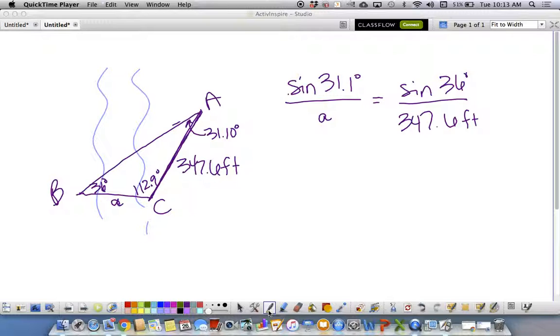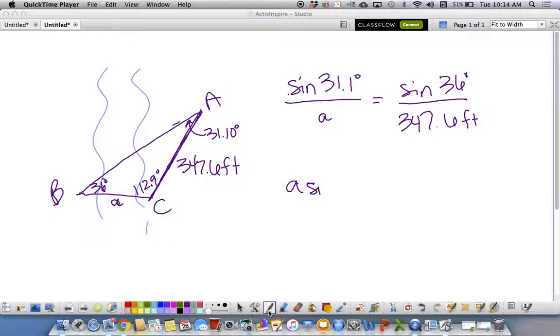And how do you know? Small. How do you know? Because angle B is bigger, so it must be opposite a bigger side, a longer side. Smallest angle must be across from the smallest side. It's another geometry thing. So we cross multiply, and we solve for A.